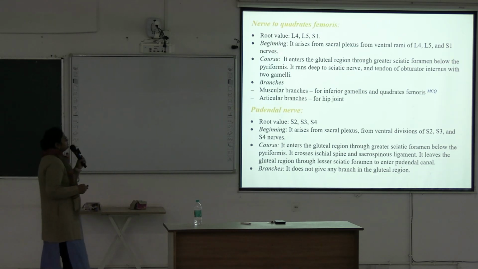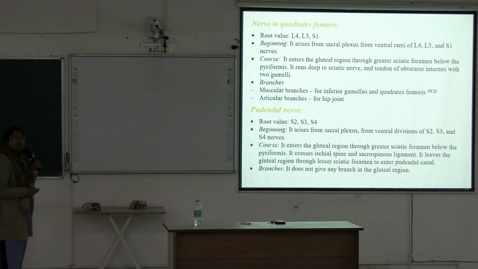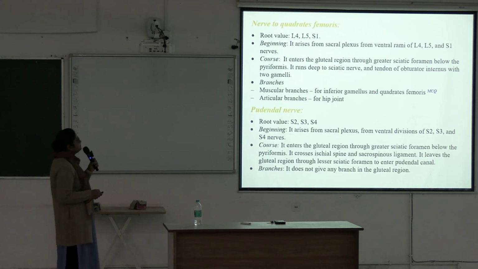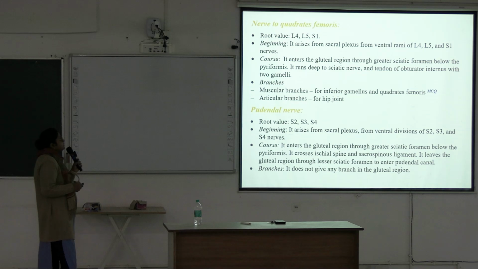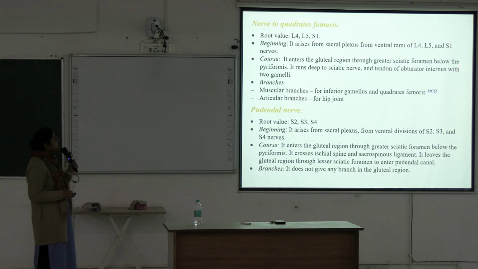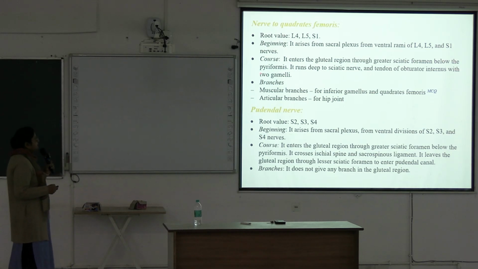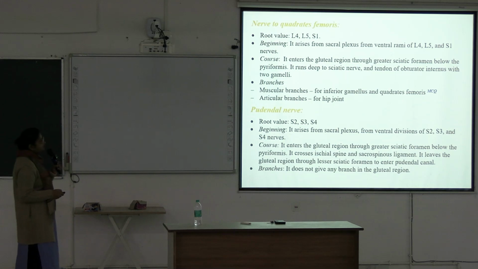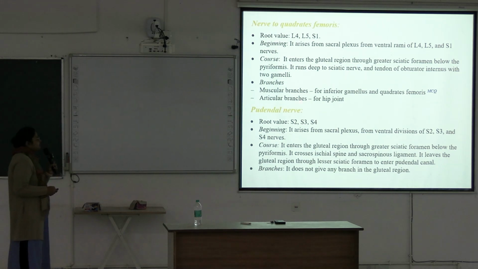Now nerve to quadratus femoris, L4, L5, S1 is root value, arises from sacral plexus from ventral rami of L4, L5, S1 and enters gluteal region through greater sciatic foramen below piriformis, runs deep to sciatic nerve and tendon of obturator internus with two gemelli, muscular branch to inferior gemelli and quadratus femoris.